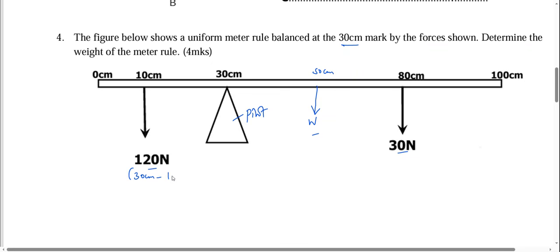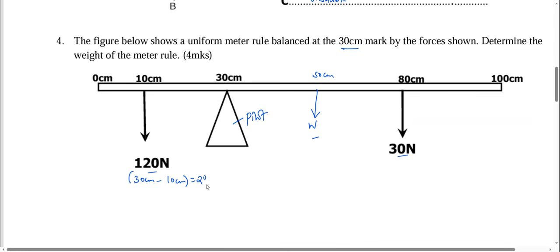We are subtracting 10 centimeters and we get 20 centimeters. For the case of the weight here, its distance is 50 minus 30, giving us 20 centimeters. And for this other force, which is 30 Newton, we are taking the distance 80 minus the center, which is 30. This gives us 50 centimeters.